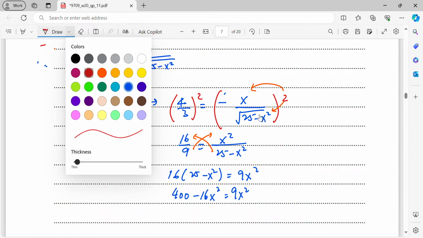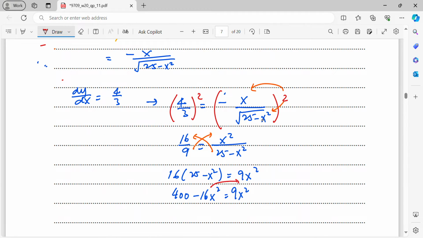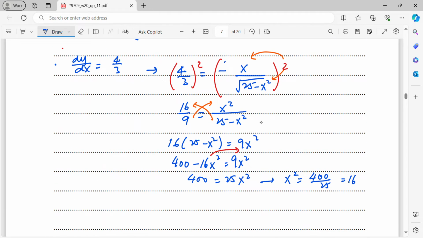Then the minus 16x squared will be moved to the other side. So 16 plus 9 will be 25. So I will get 400 equals 25x squared. Therefore, my x squared is 400 divided by 25, which is 16. And now x squared equals 16, which means your x will be plus minus 4.